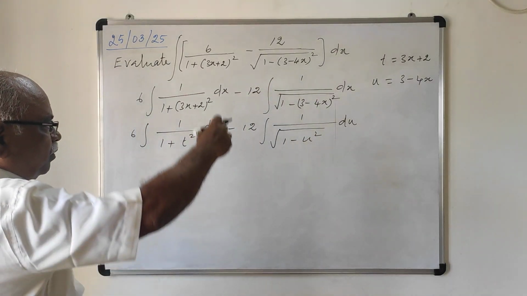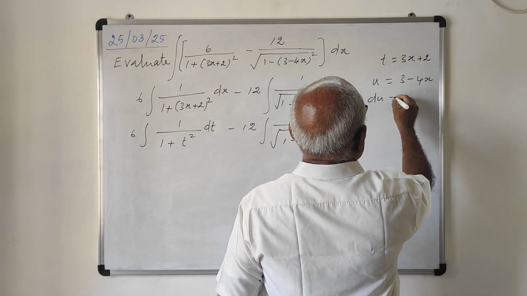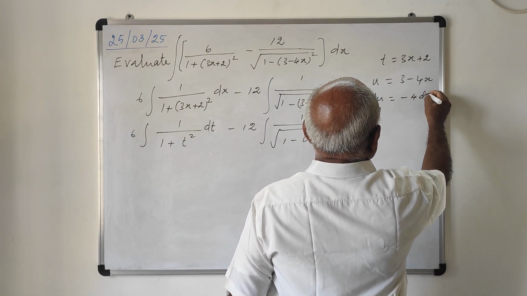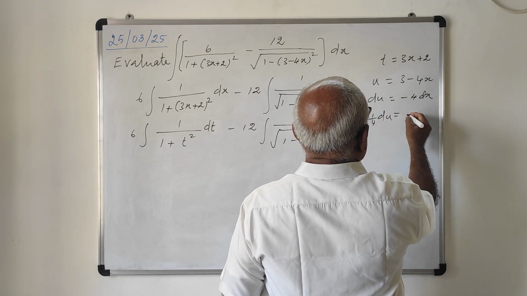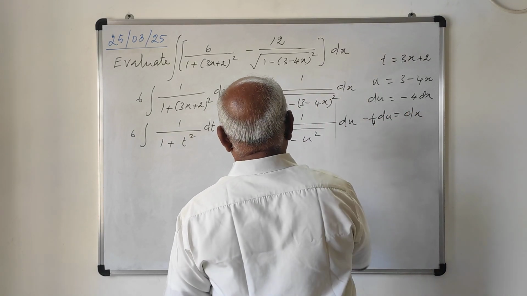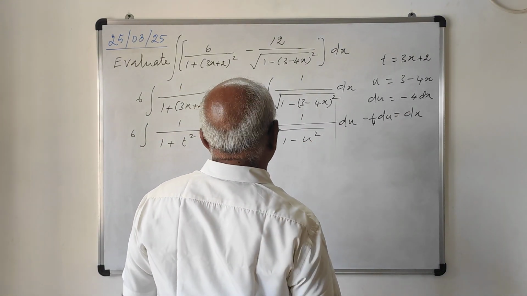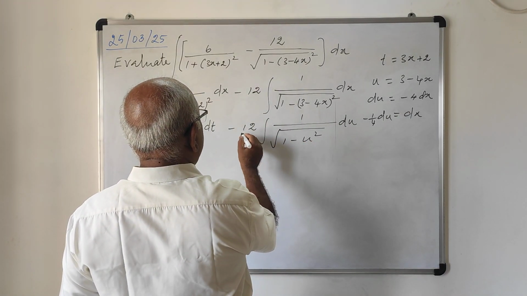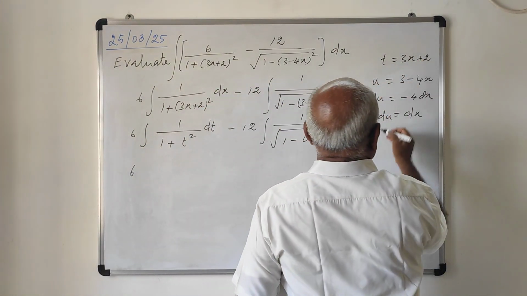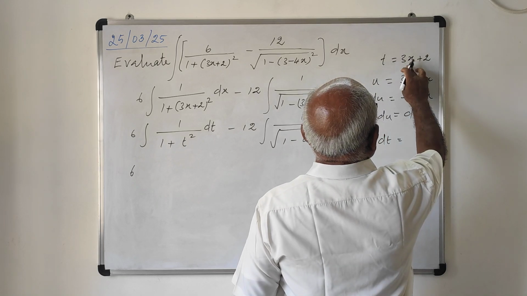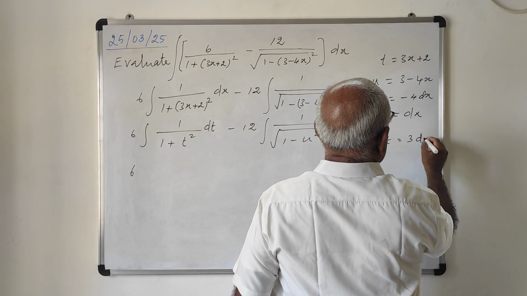From du equal to minus 4 dx, this is minus 1 by 4 du equal to dx. So dx can be replaced by minus 1 by 4 into du. Therefore you will get minus of minus. Similarly for t, the derivative of x is 1, so 3 dx.